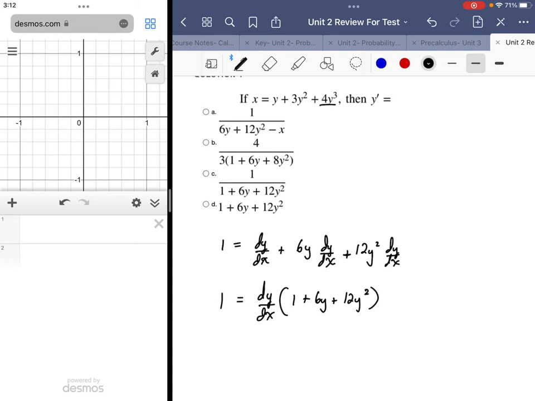And then when we solve, we would divide both sides by the 1 plus 6y plus 12y squared, in which case we get 1 over 1 plus 6y plus 12y squared is equal to dy/dx.